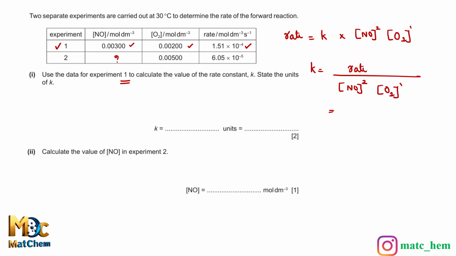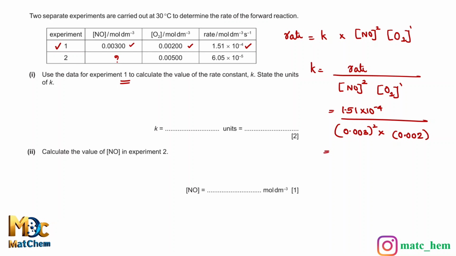The rate of the reaction is 1.51 into 10 raised to minus 4, divided by the concentration of NO, which is 0.003, squared, into the concentration of oxygen, that is 0.002.